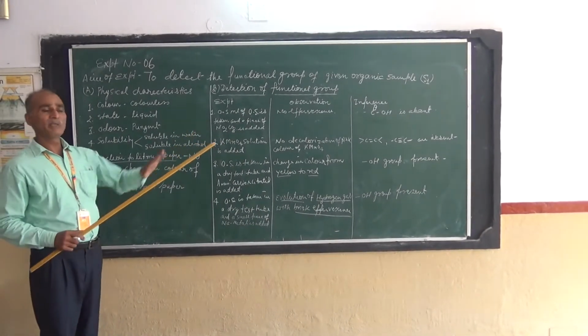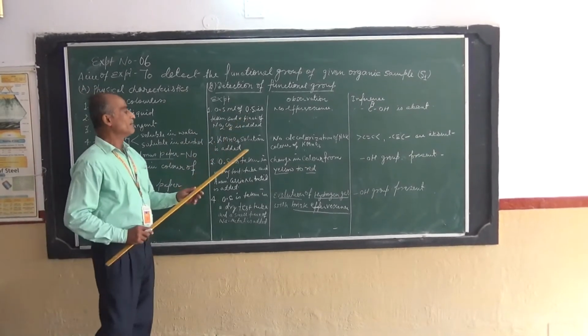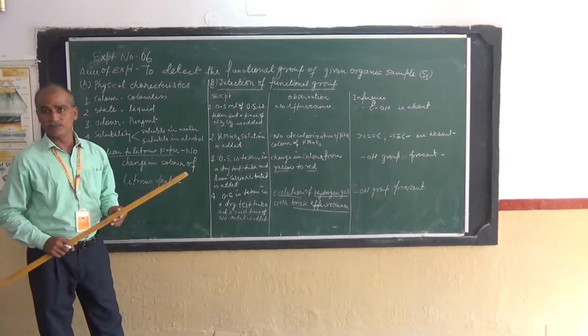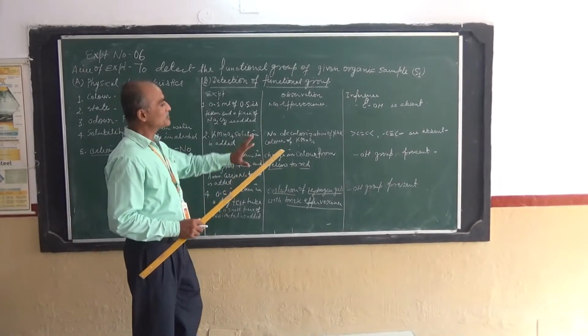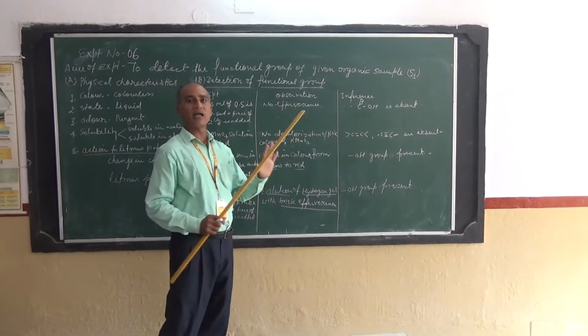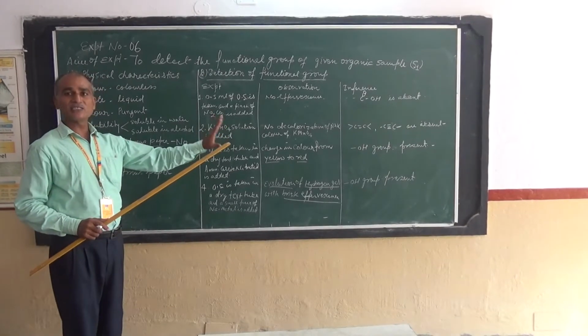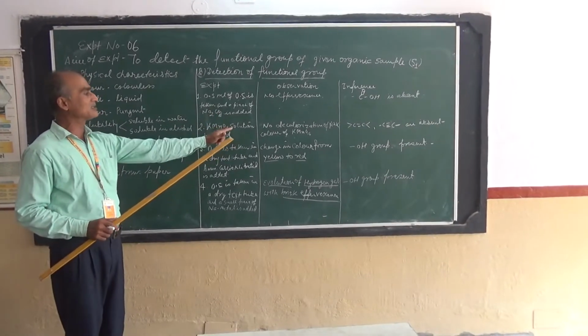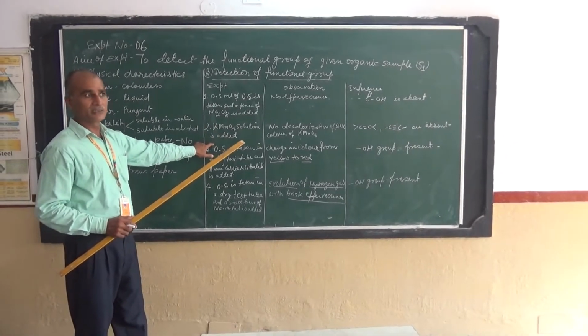Clear? Next, we proceed. We will add potassium permanganate solution to this sample and observe the change in color. We observe that there is no decolorization of potassium permanganate after adding it to the organic sample.